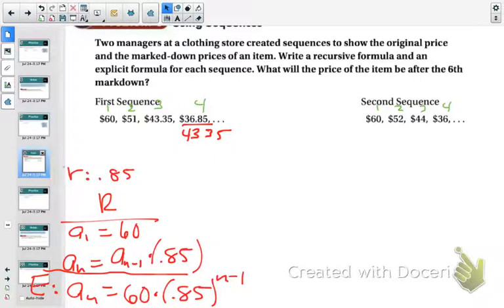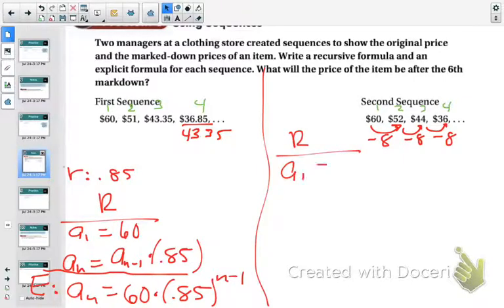Okay, and now let's look at the second one. You can see that it's just subtracting 8 each time. So this one is not geometric, it's actually arithmetic. So let's review the formulas for arithmetic. For recursive, the first term is $60, and then an equals an minus 1 minus 8, not times negative 8, because you're subtracting 8.